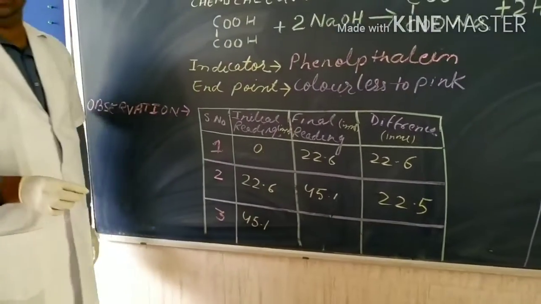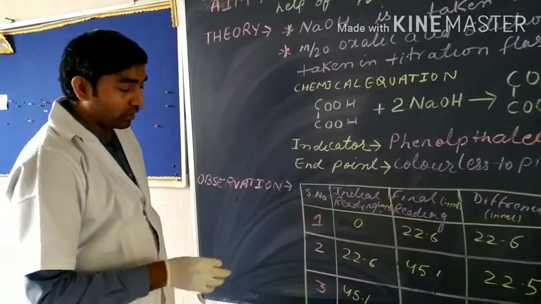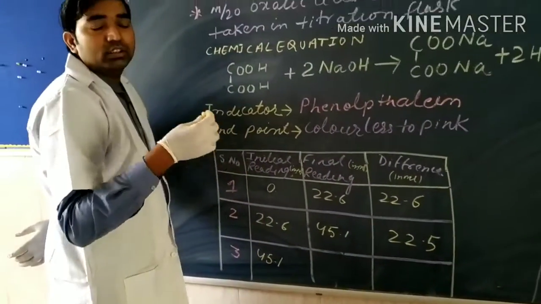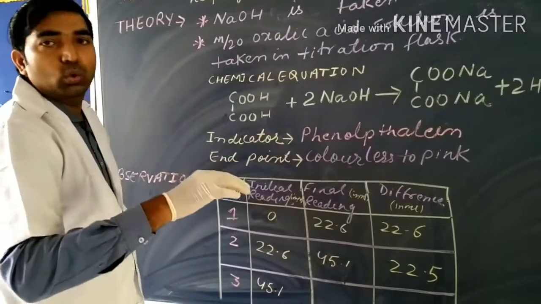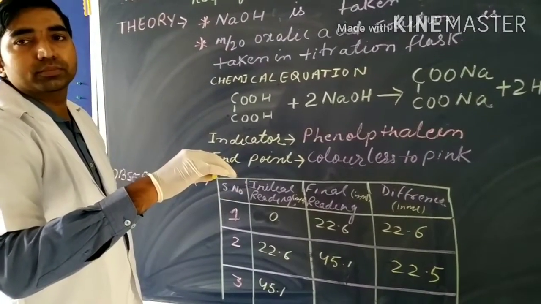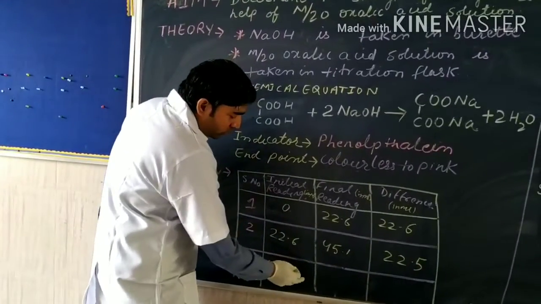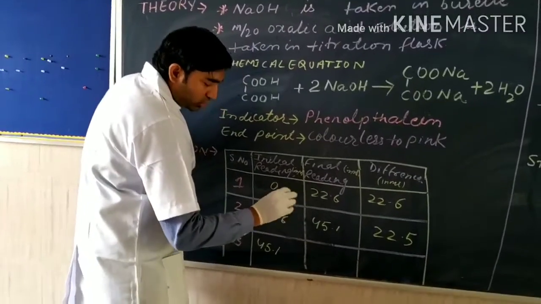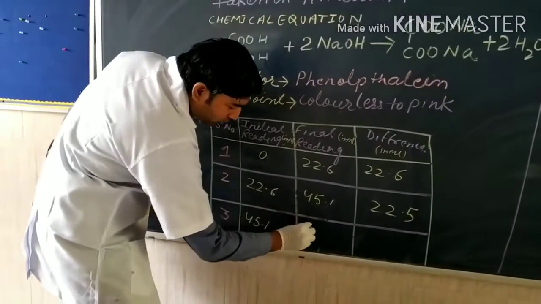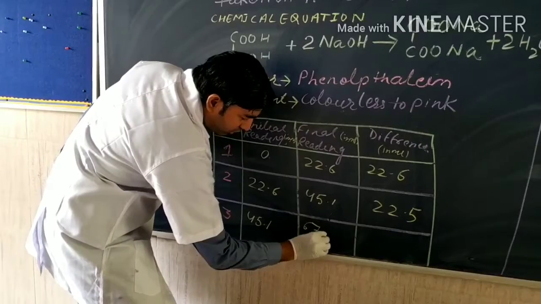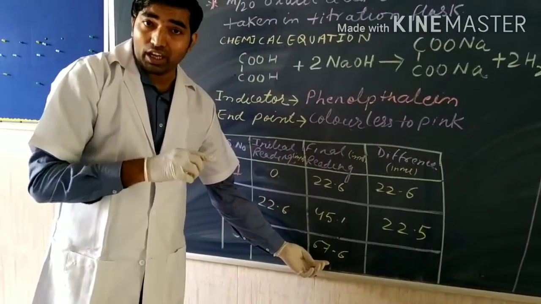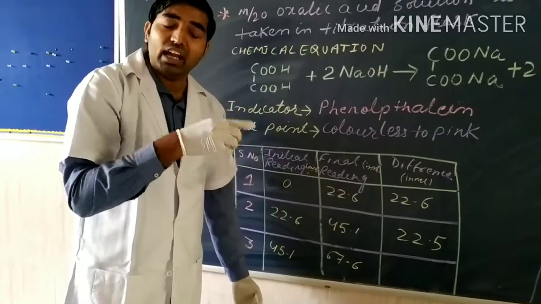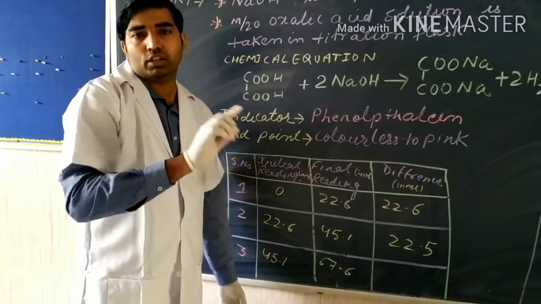The initial is 45.1, but we add more volume by filling the burette completely. After adding these two we get the final volume, which is 67.6. This is the sum of 4.9 from the previously filled burette and 17.6 from the newly filled.